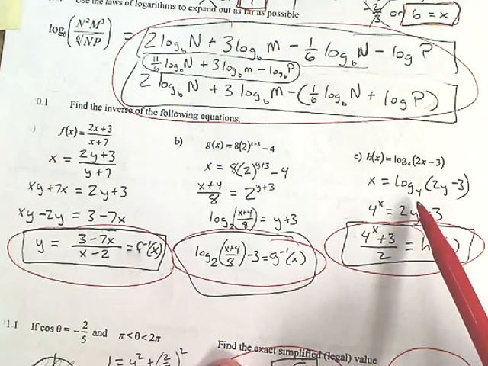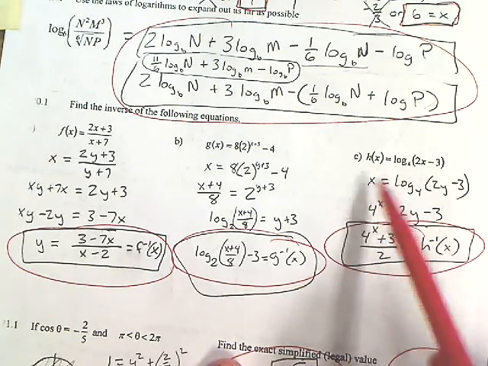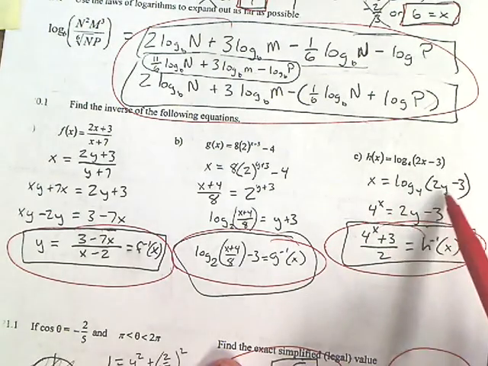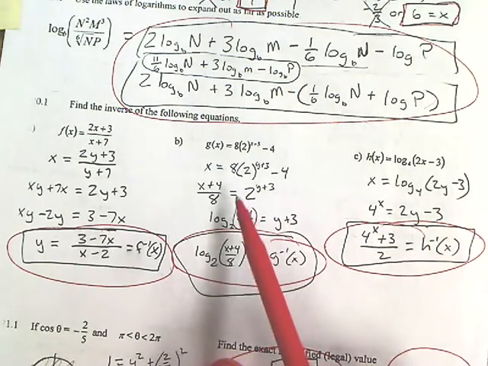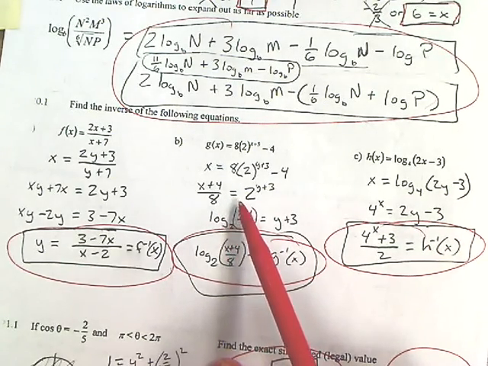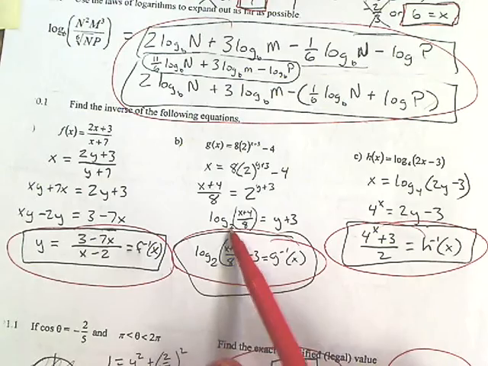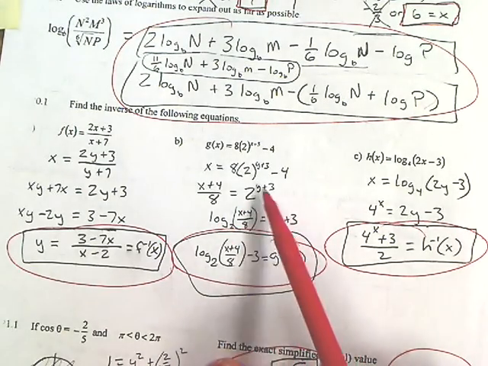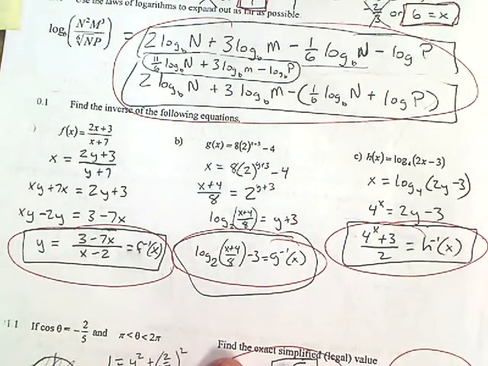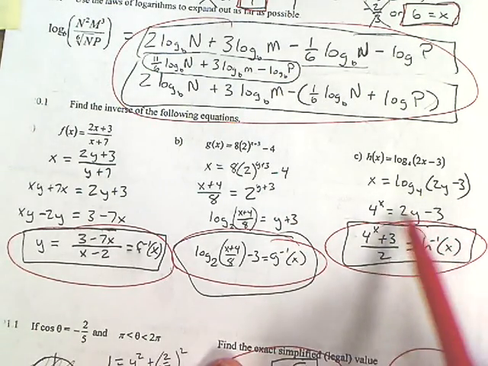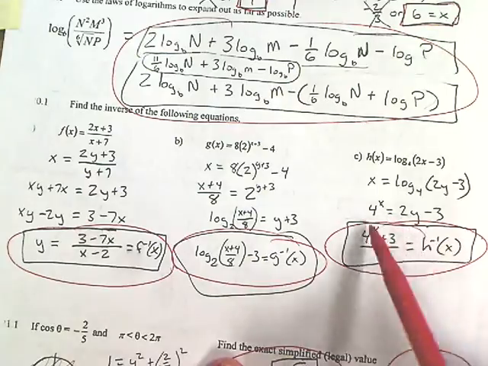So 4 to the x, logs are always equal to exponents. 4 to the x equals that guy. Same thing I did over here. And I go log base 2, that's a base 2. Remember, logs are always equal to the exponent, so the exponent goes over there. Then all you have to do is add 3 and divide by 2.